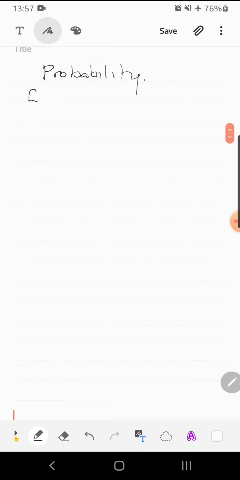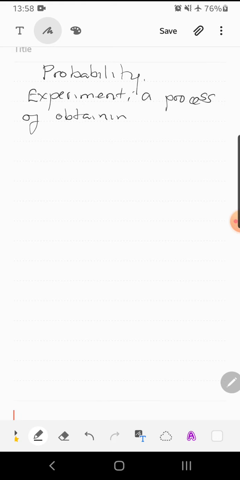I want you to have an idea of the meaning of some terms that we use in probability. Experiment. An experiment is just a process of obtaining outcomes for uncertain events.